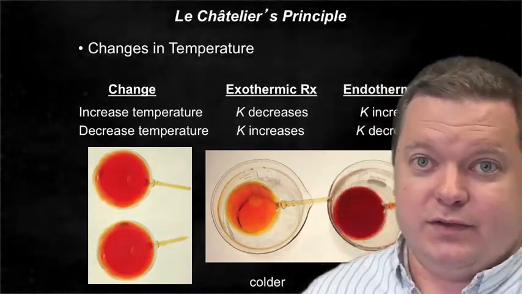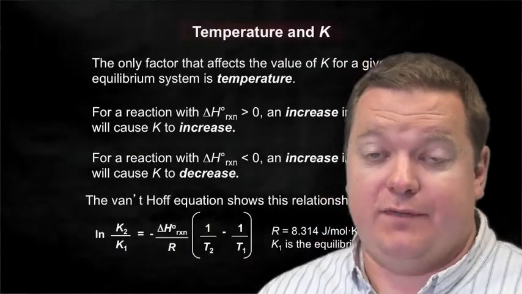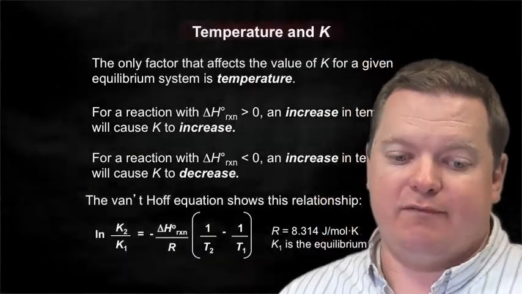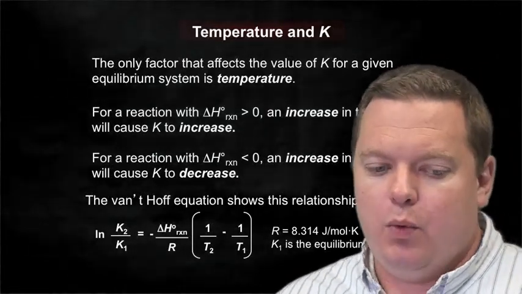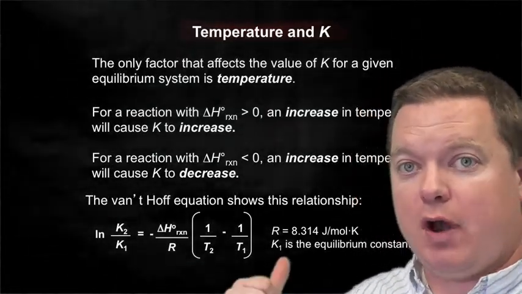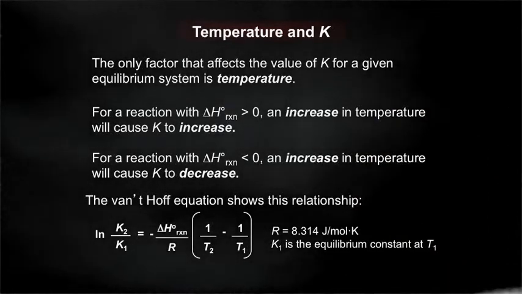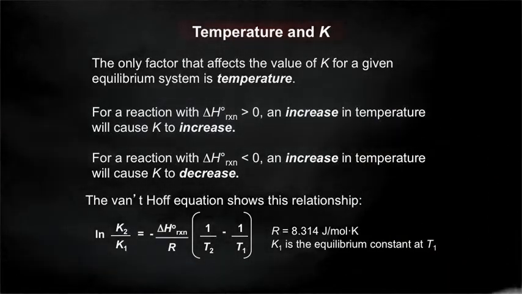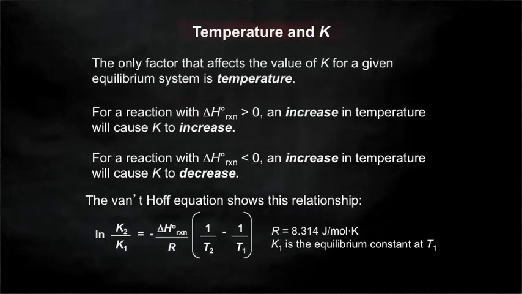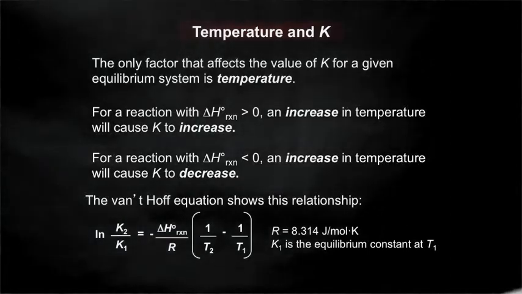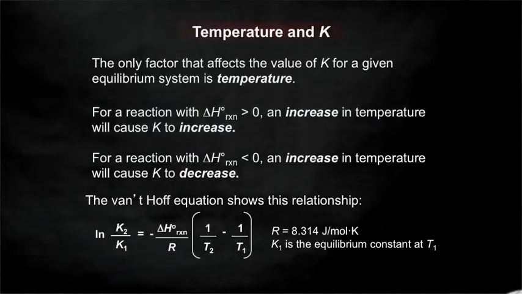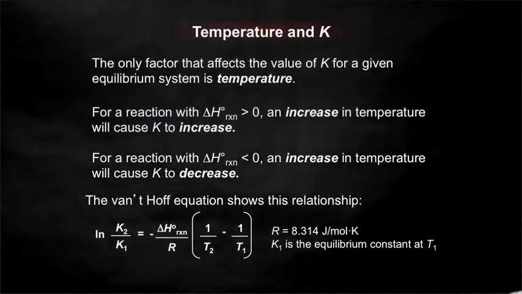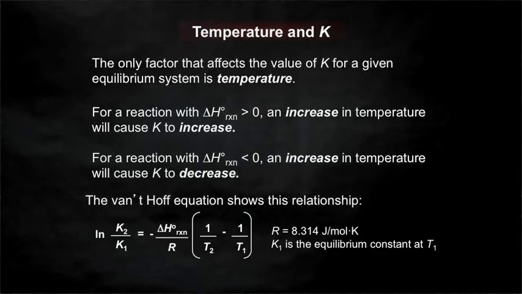So temperature is the only thing that's going to affect the value of K for that single reaction, because of the enthalpy relationship. And we can track these using the van 't Hoff equation, which we've seen before. The natural log of the equilibrium constant K2 divided by the equilibrium constant K1 is equal to negative delta H over R times 1 over T2 minus 1 over T1.